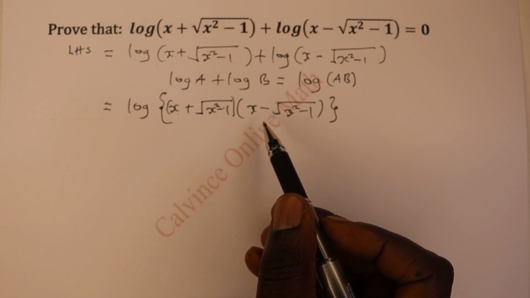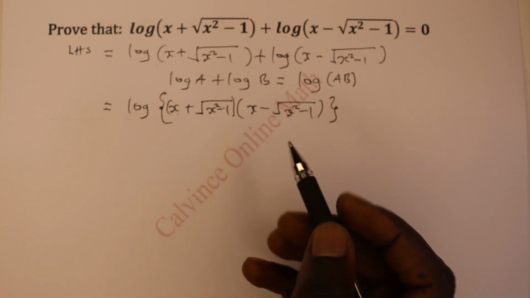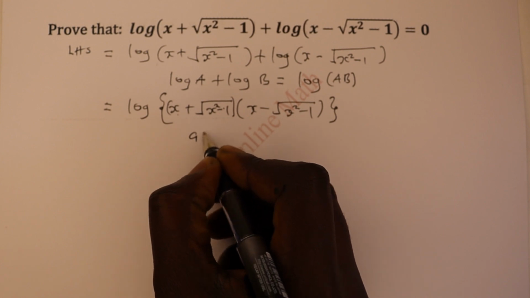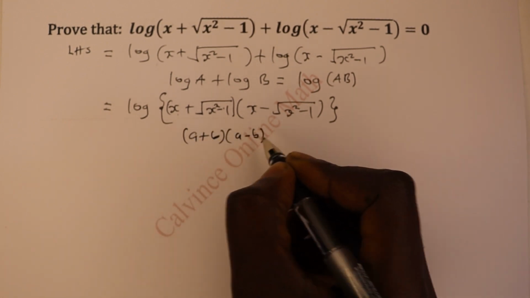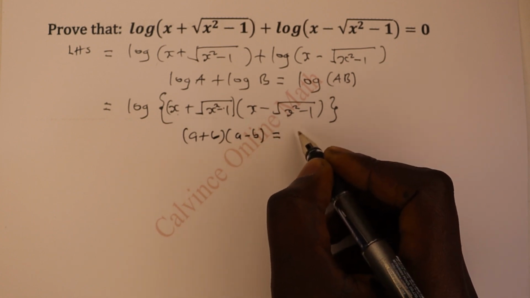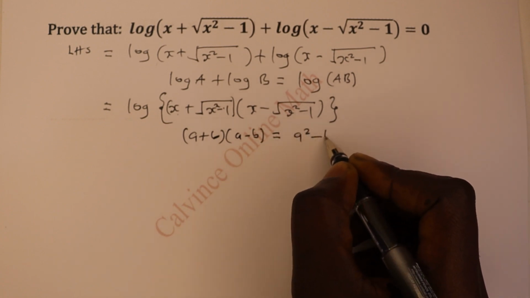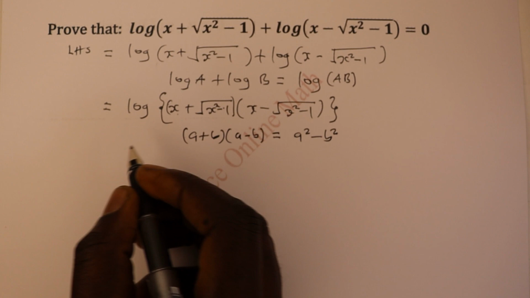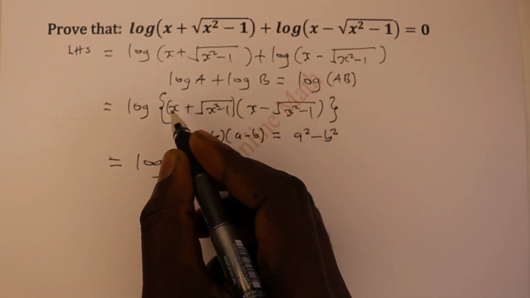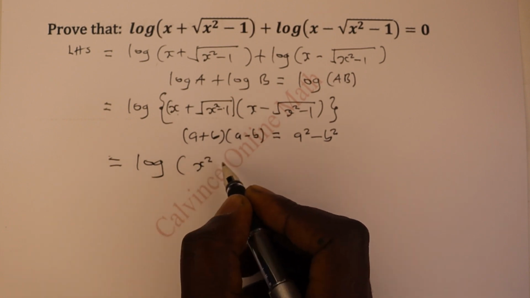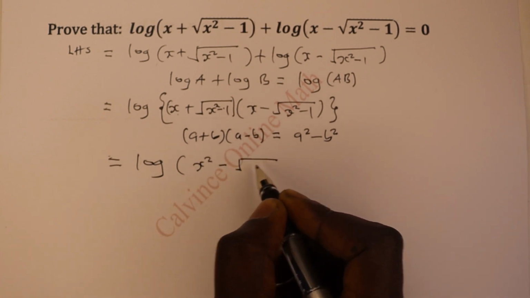So we can relate these using the quadratic identities, where if you have a plus b times a minus b, it is the same as a squared minus b squared. So it means therefore that we're going to simplify this to x squared minus the radical squared.